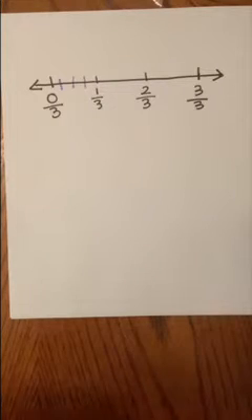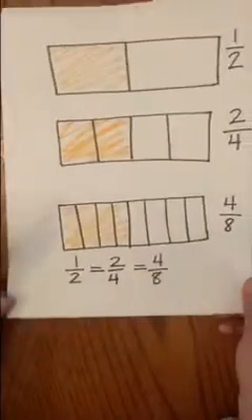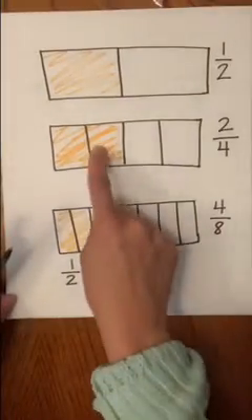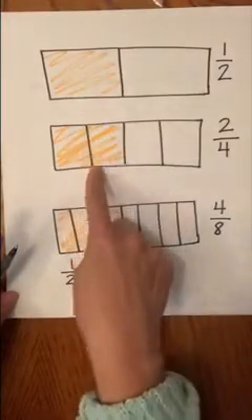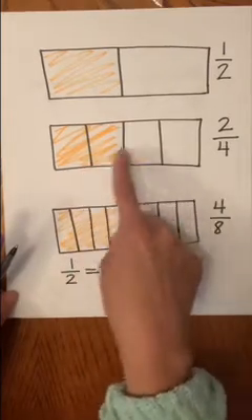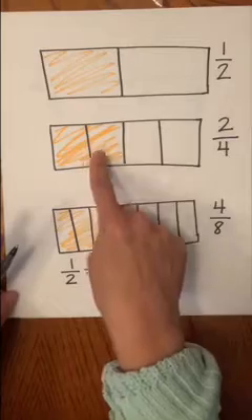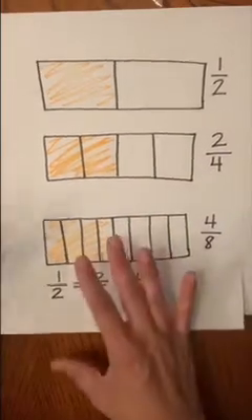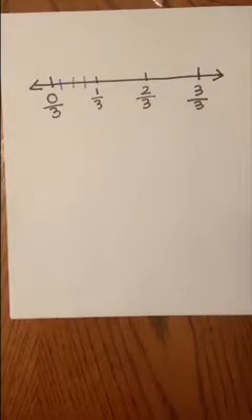And remember that when I did that to my tape diagram, when I decomposed it, I can't just do one side, right? I have to do it to my entire tape diagram. So let's do that. Why don't we do that to our number line too?